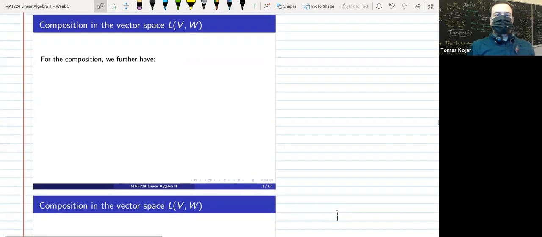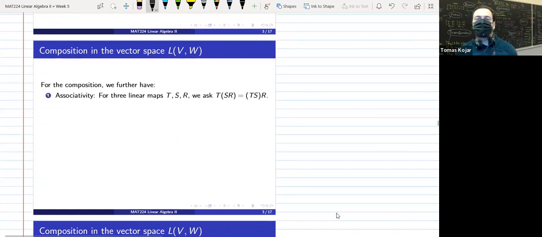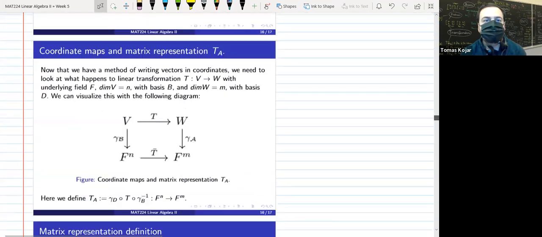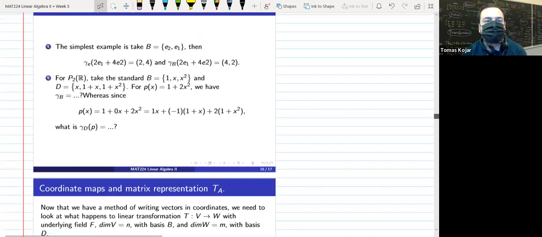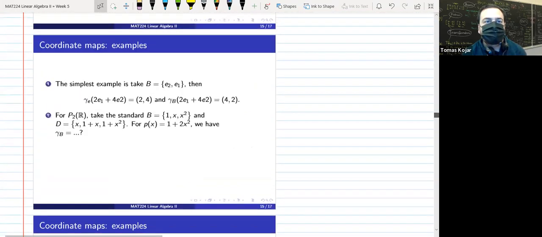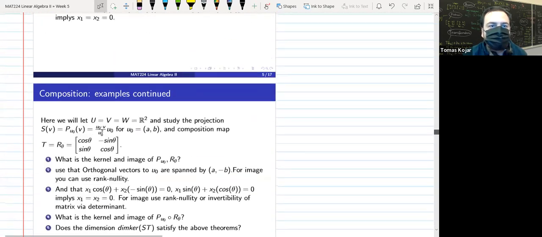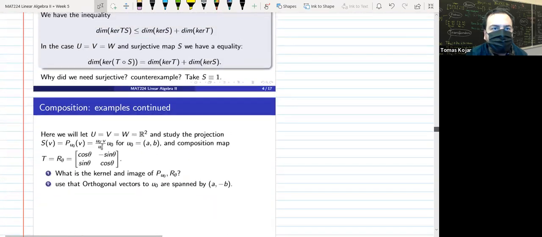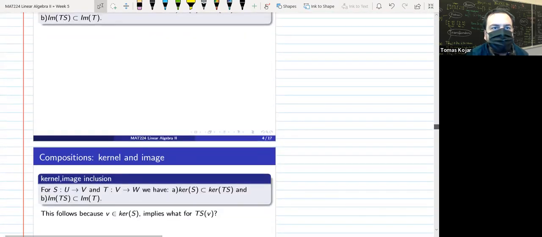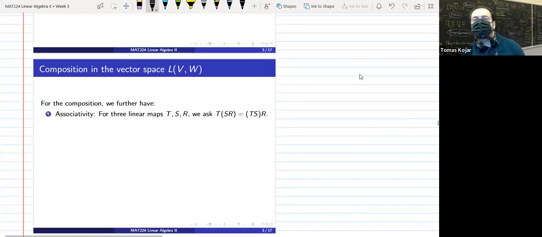I talked a little bit about composition. Just to remind you, I'll just do it again. We have three vector spaces.